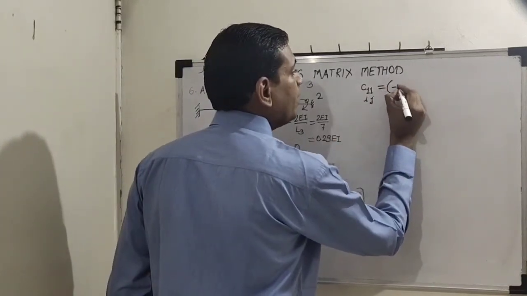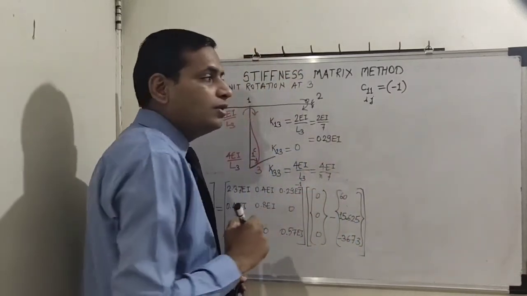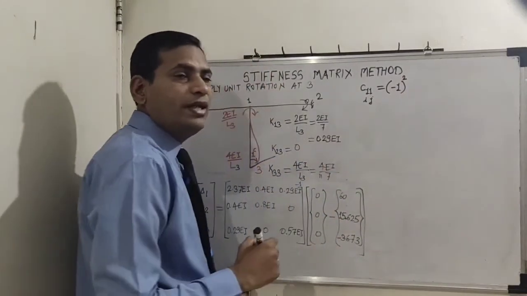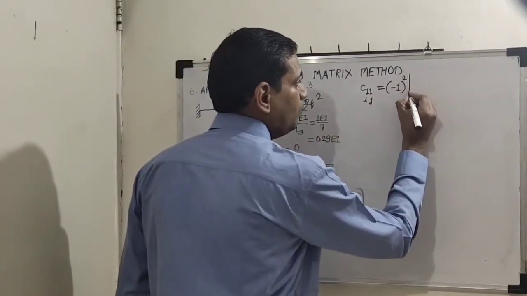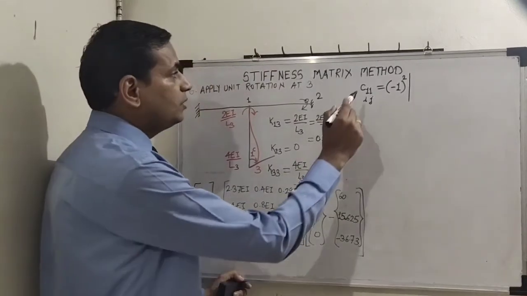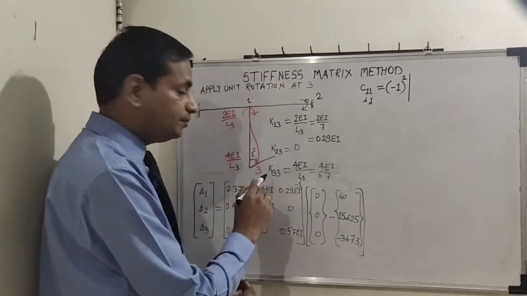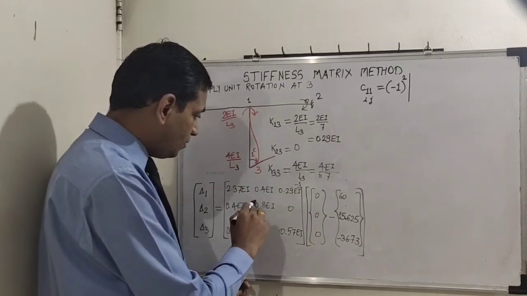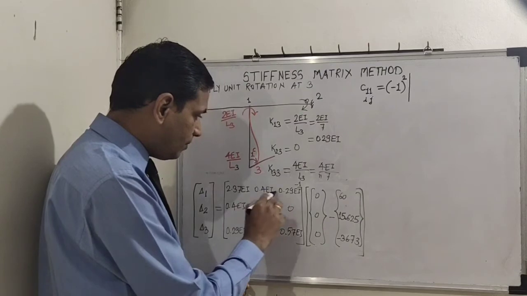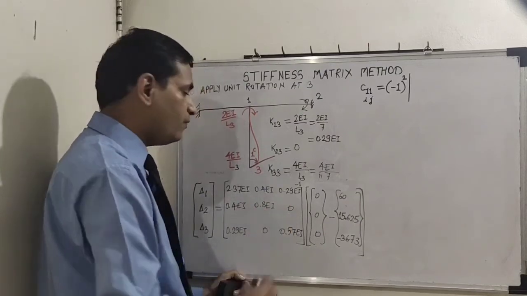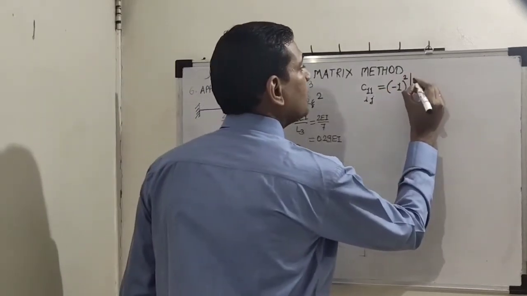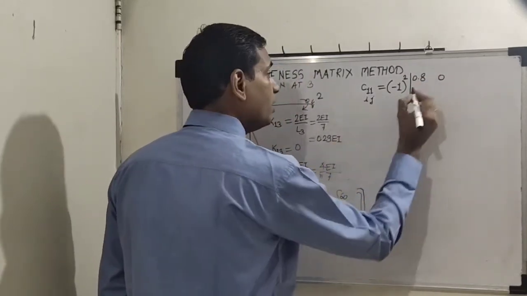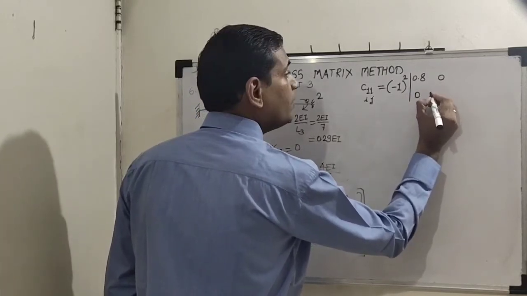The formula is minus 1 raised to I plus J. I is 1, J is 1, so minus 1 square into the determinant. Now skip the first row and first column from this matrix. These 4 elements remain: 0.8, 0, 0, 0.57.